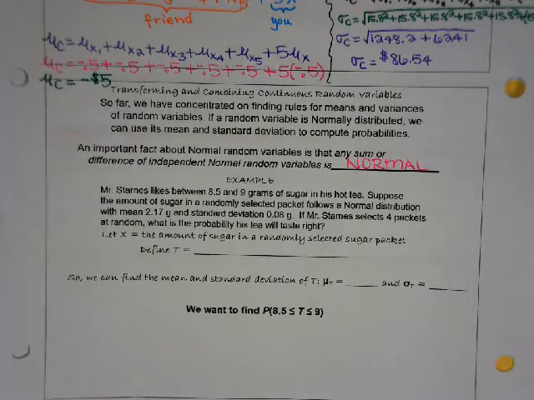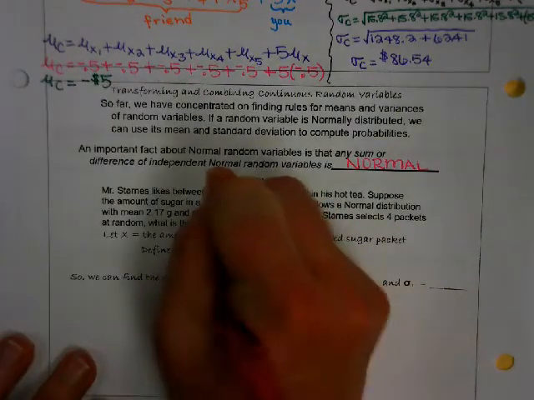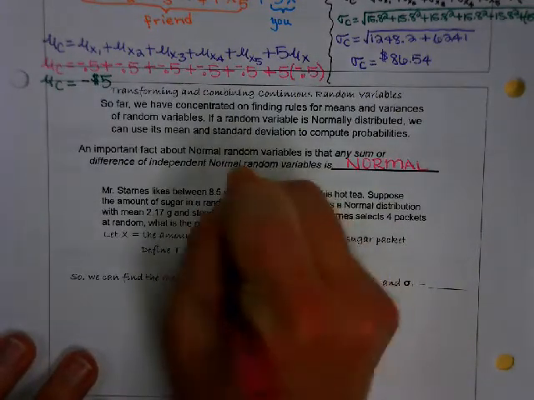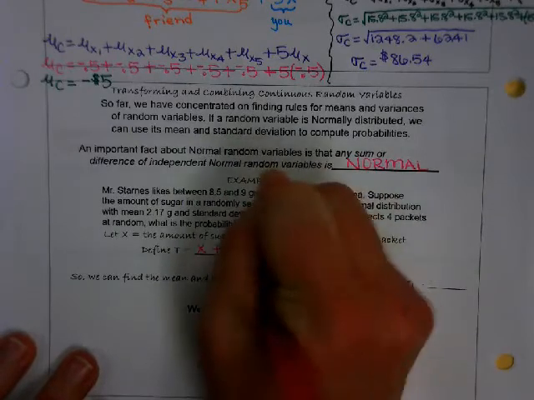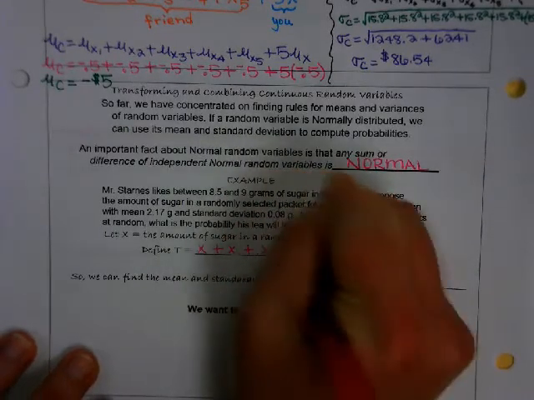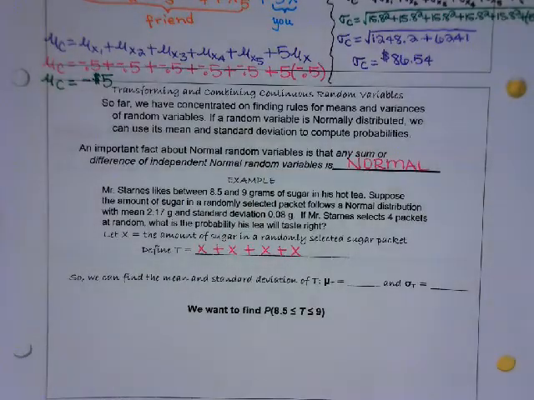So X represents the amount of sugar in a randomly selected sugar packet. So we're going to define T to be the 4 packets he picks. So that'd be the first packet plus the next, and the next, and the next, because he's going to put 4 packets in his tea. We're going to figure out the probability that he got the right amount of sugar in there.